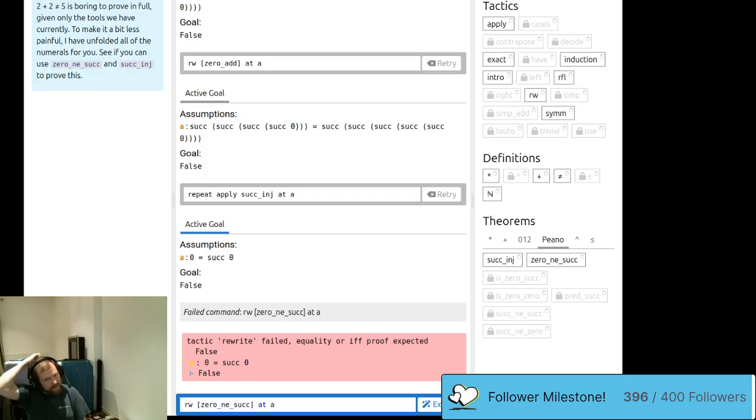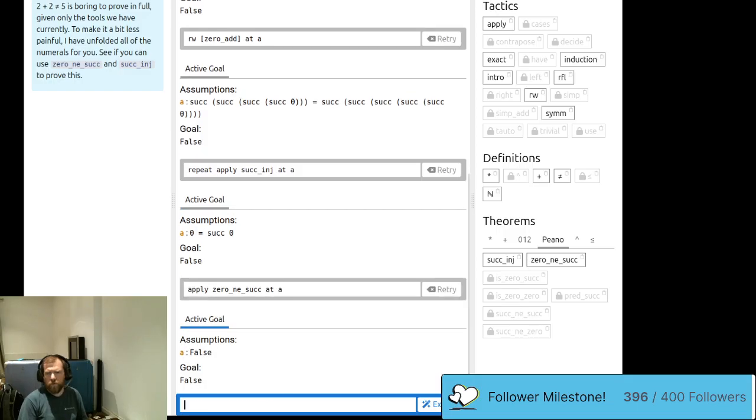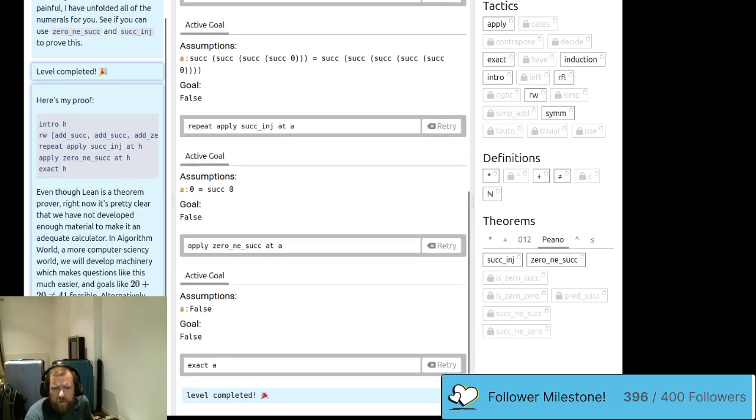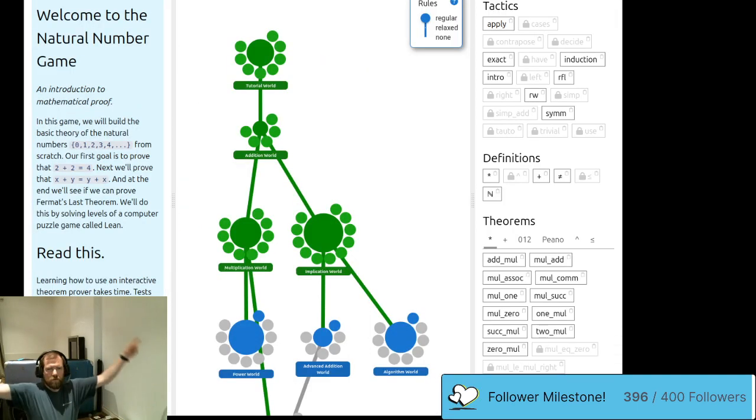Nope. Okay. Not equal to successive at A, right? Yeah, there we go. All right. Exact A. Woo! All right, that is implication and multiplication world done.